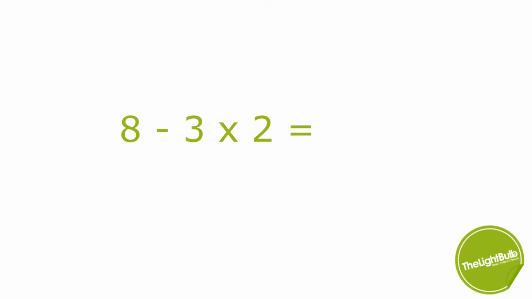Okay, so I wonder what answer you got. The actual answer is 2. But if you got 10 or -2, don't worry. These are very common answers to be given as well at this stage. We'll come back to this in a little bit and see how we arrived at the answer of 2.